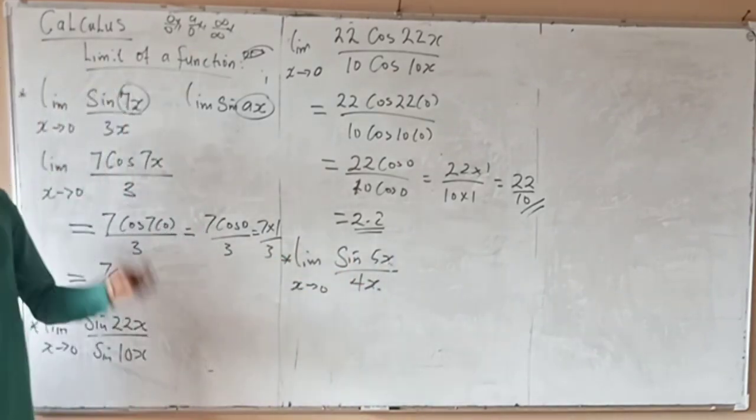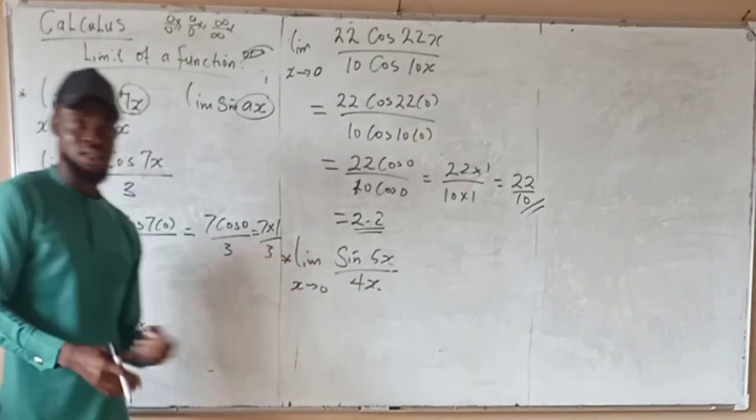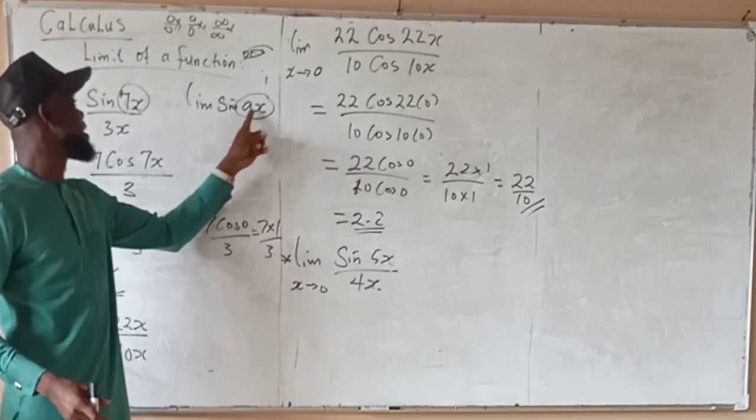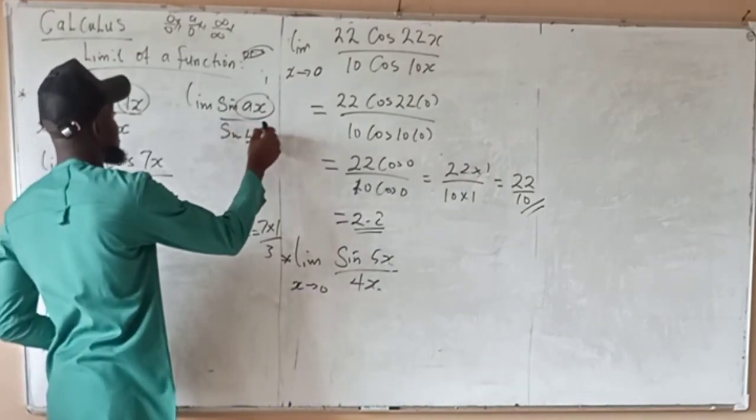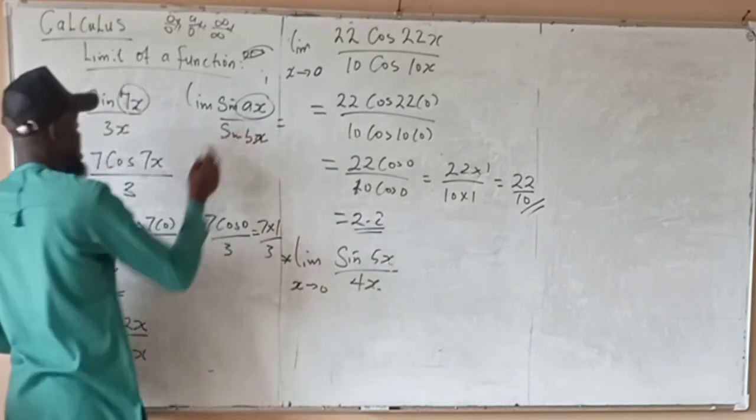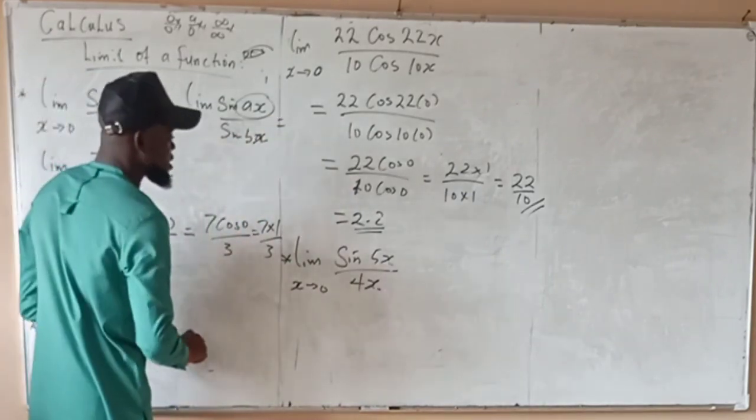That is the rule. The numerator will be sine, the denominator will be of the form sine bx. That's how it's going to become. Let me write this somewhere.